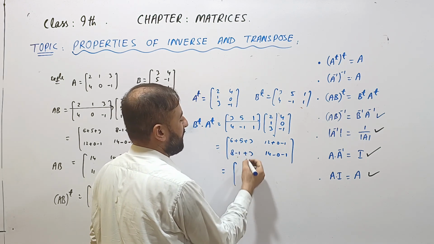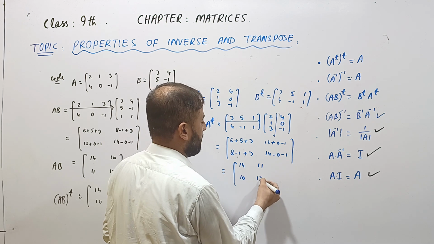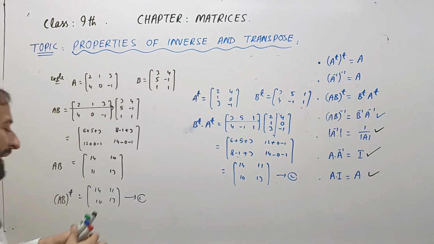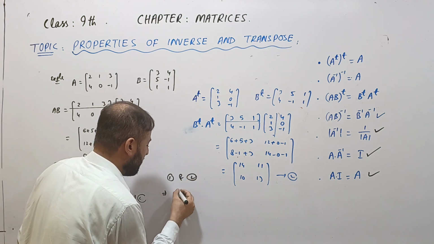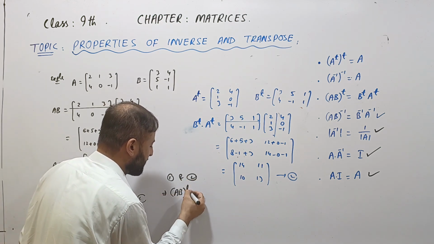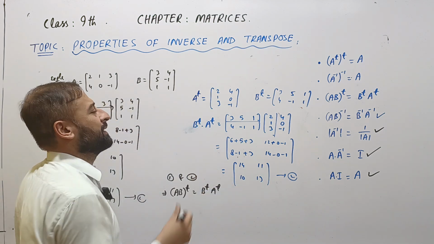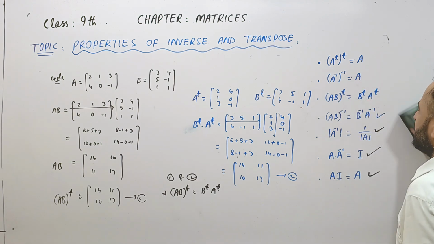Students, it is 11, 14, 11, 10, 13. From 1 and 2, it is clear that they are equal. From 1 and 2, we have this result that (AB) whole transpose is equal to B transpose A transpose. If you don't reverse the order, they will not be equal. You will have a different result.